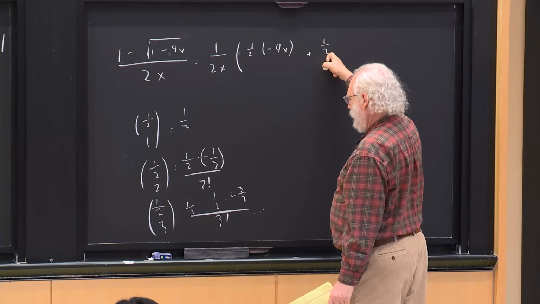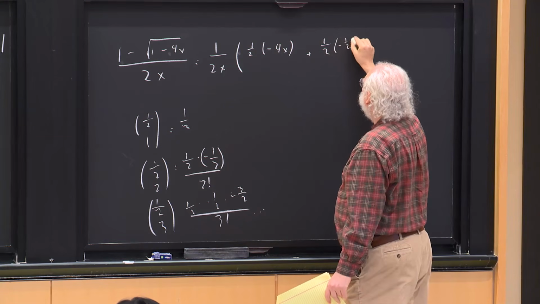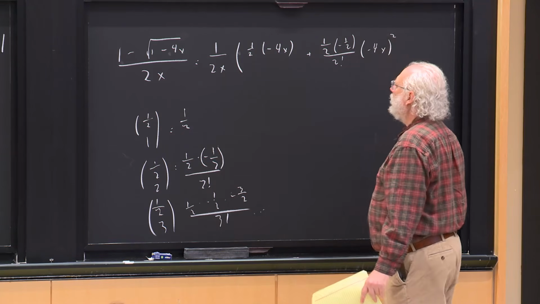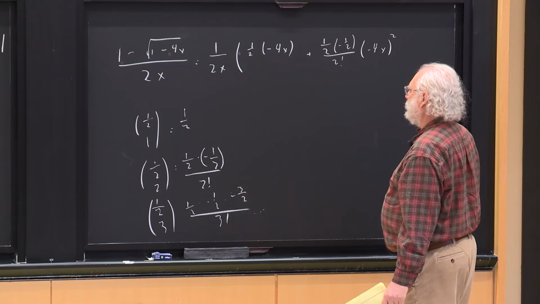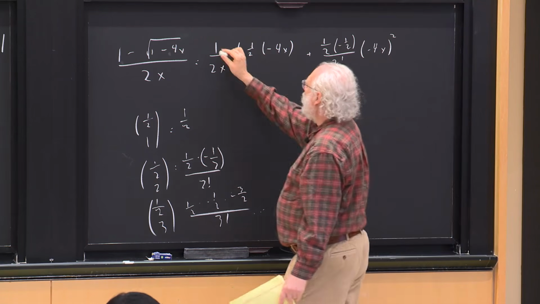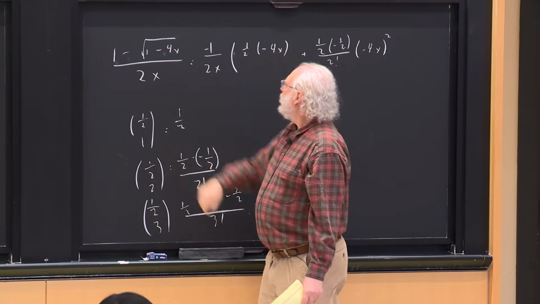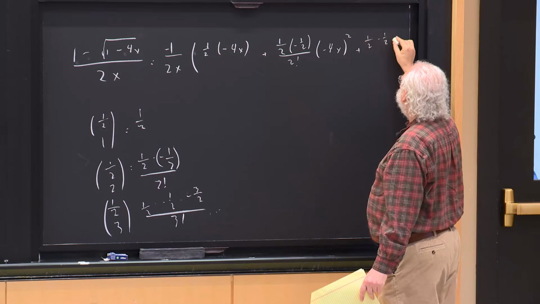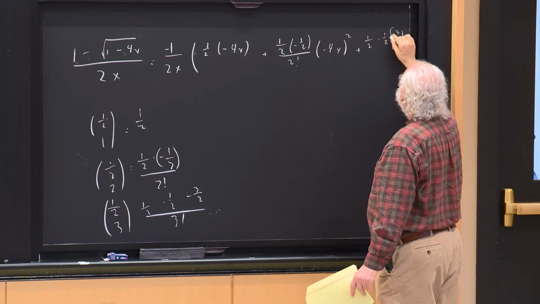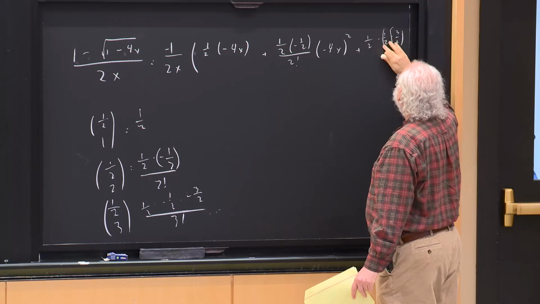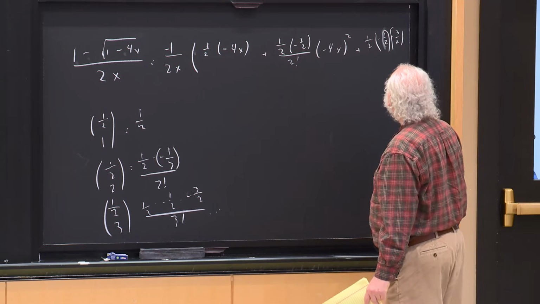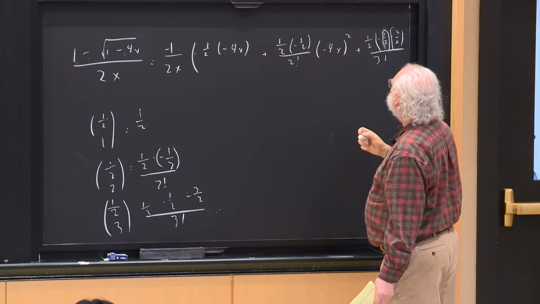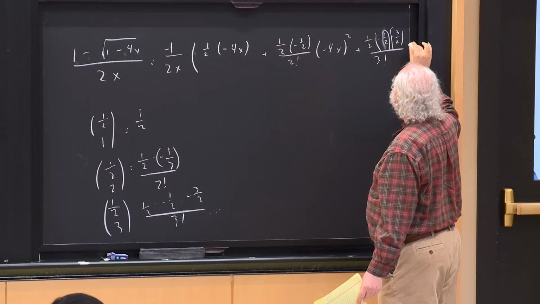So this is 1/2 times minus 1/2 divided by 2 factorial, times minus 4x squared. Okay, I have forgotten the minus sign here because of the minus there. Plus 1/2 times minus 1/2 times minus 3/2 divided by 3 factorial, and there's a 4x cubed.